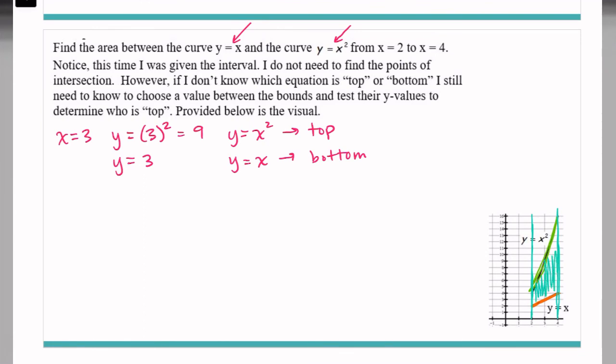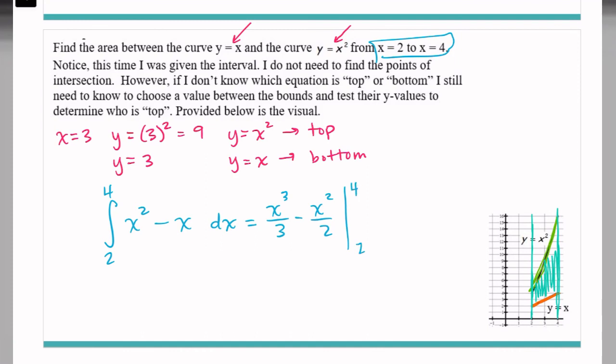So we're going to do the integral. They gave us the interval from 2 to 4. The top equation is going to be x squared. The bottom equation is x. We're going to treat it as if we don't have a calculator. So I'm going to find my antiderivative, x to the 3rd over 3 minus x squared over 2, from 2 to 4. Focus on notation, guys.